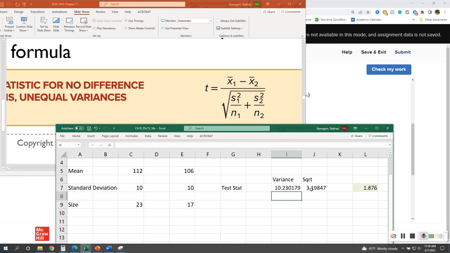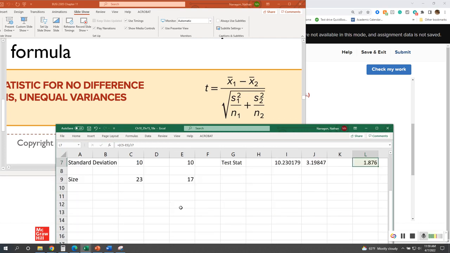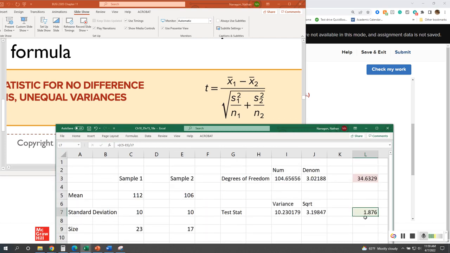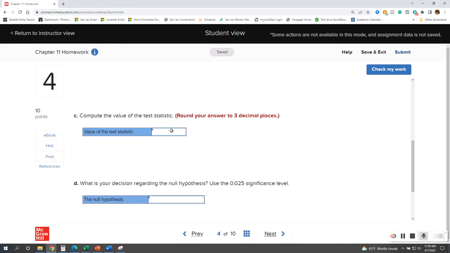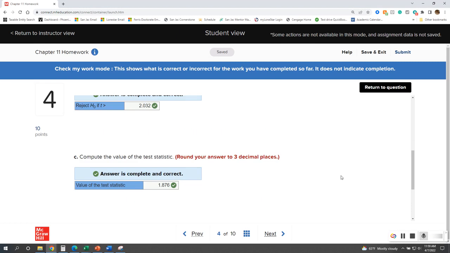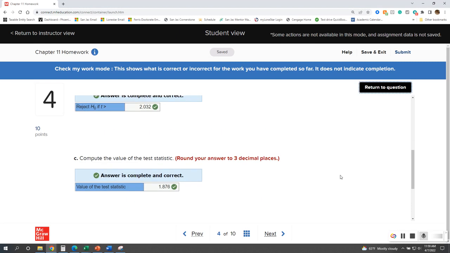And since I already had the square root, boom, there's the square root. And it still would subtract the 2. So both our means are subtracted, and we come out to 1.876. And there we go. There's our test statistic. Already calculated for us. Yay!